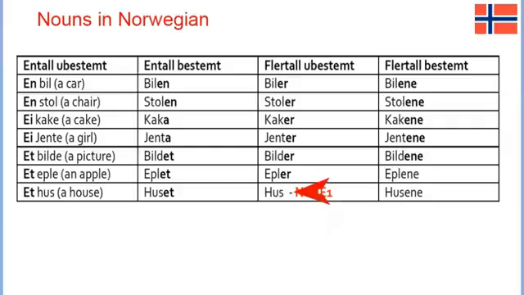This is an overview. You will also find it in our PDF on our site, and it's quite quick to learn this. You just have to study the ending in the singular forms, and in general, the way you use the definite form in Norwegian is how you use it in English.